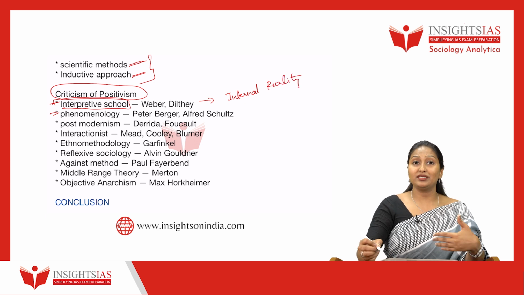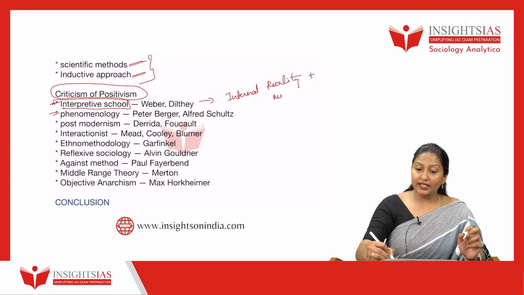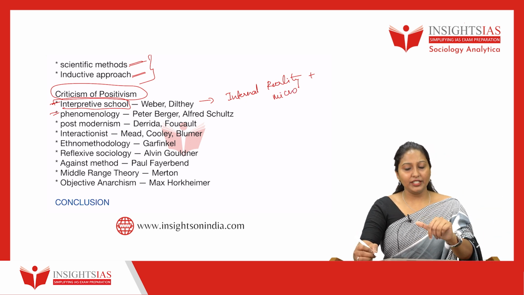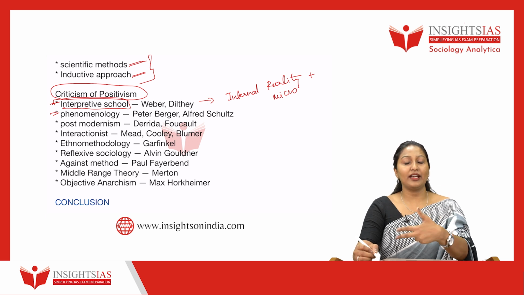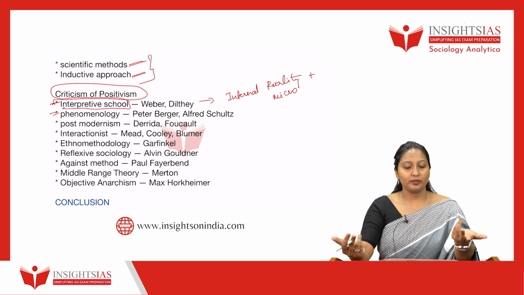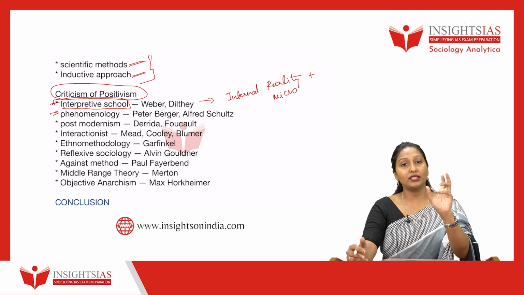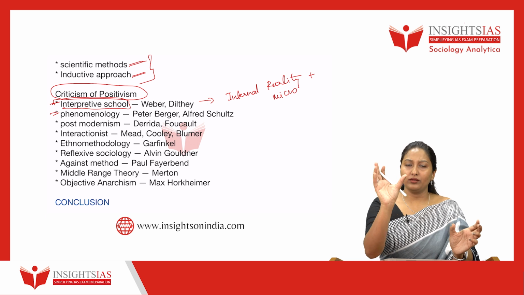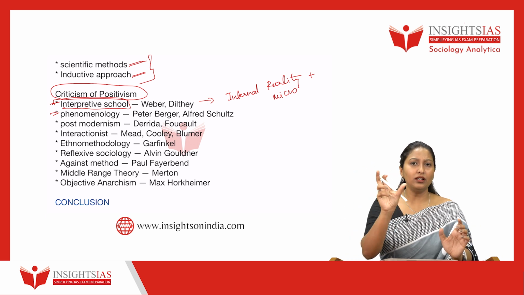They say we need to understand internal reality. We need to study society from a micro perspective, because positivists say we need to study external reality from a macro perspective. But interpretative schools say we need to study internal reality from a micro perspective. Don't write more, just write a one-liner.